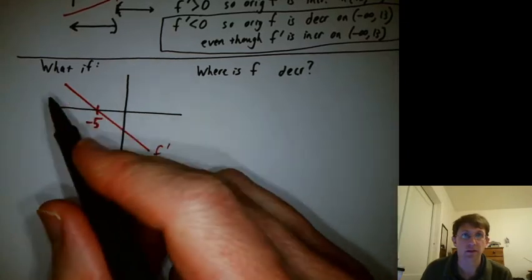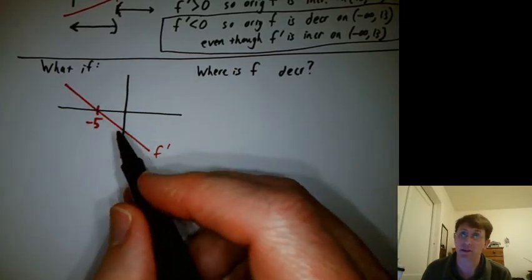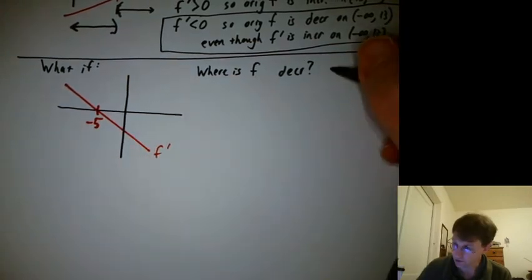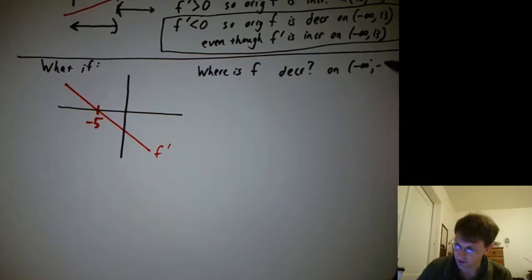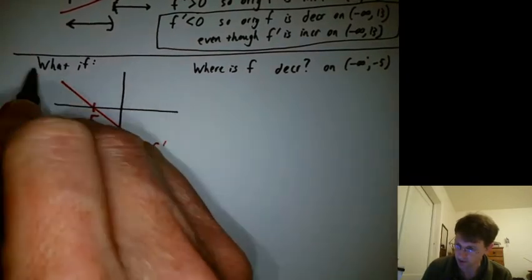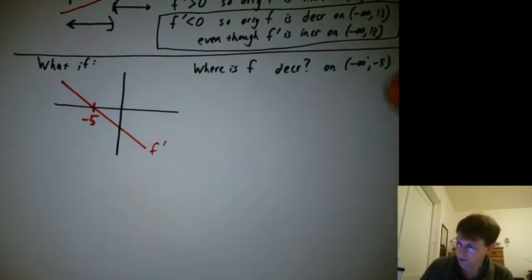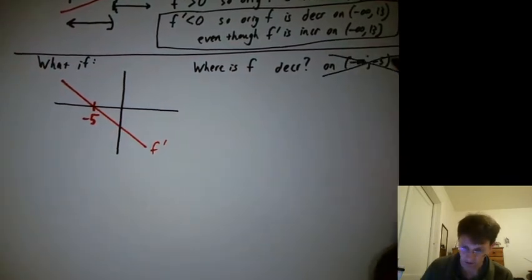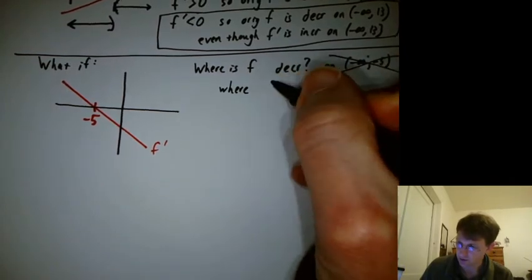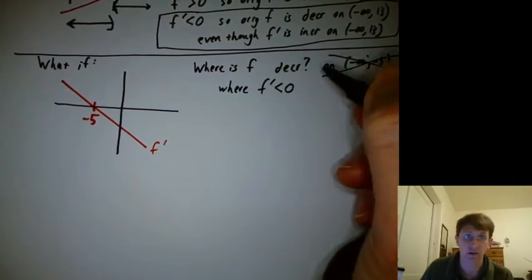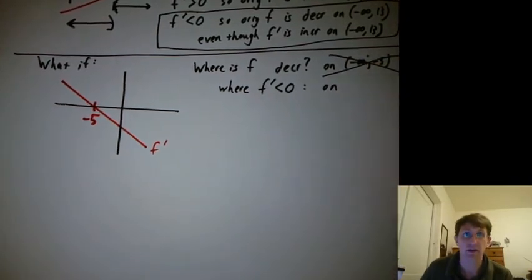Are you tempted to say, well, look, this is decreasing, and that function is decreasing, but that's not the original f? Some people would be tempted to say that the original f is decreasing on negative infinity to negative 5 because they see that the derivative is decreasing there. But that's not what we want to say. We have to say f is decreasing where f prime is less than 0, which is on what interval here?